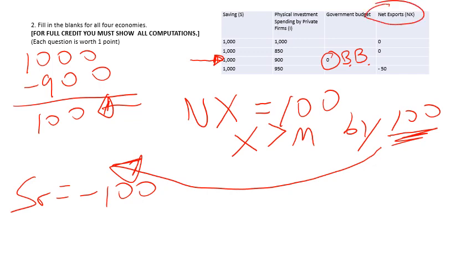Well, they are 100. This SR equals negative 100B. That was bonus analysis. Again, the question is about net exports. So it's 100. That's the answer.